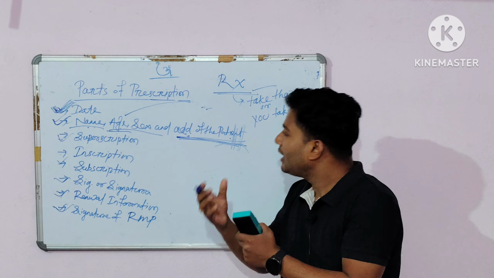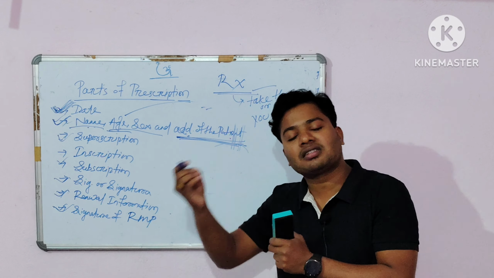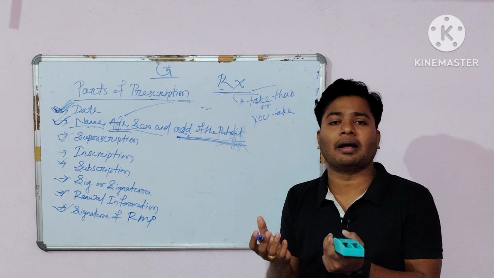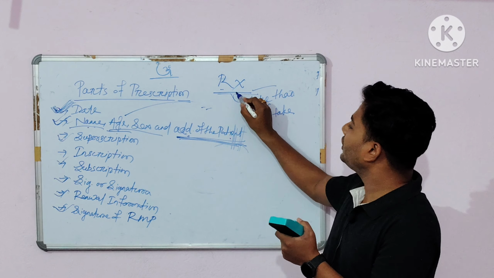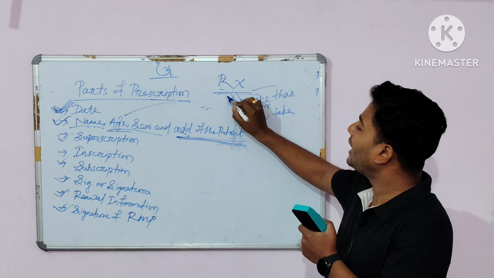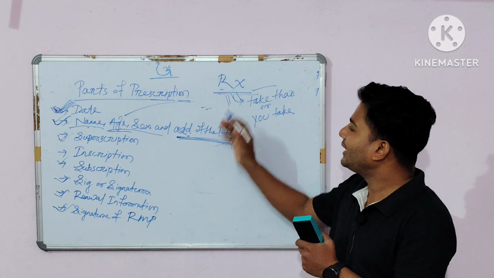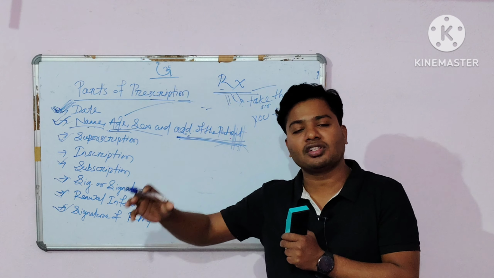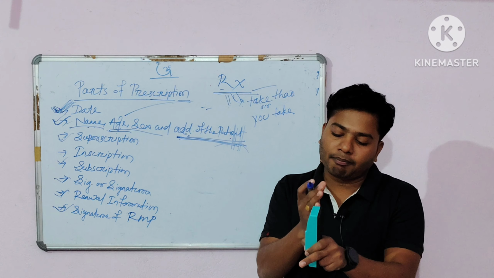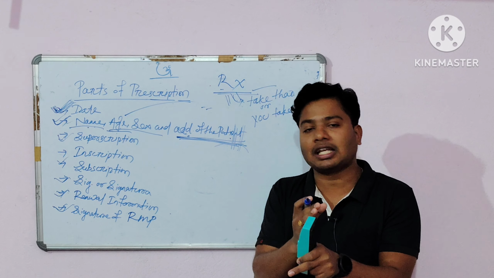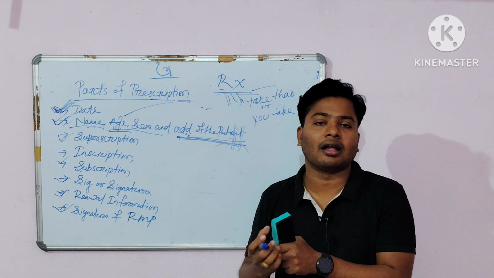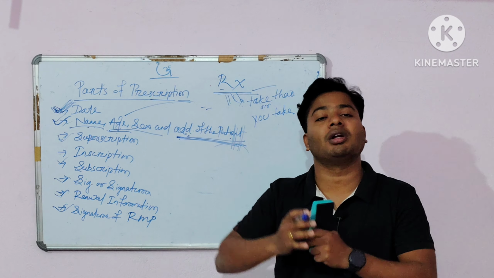That means why must the physician write the Rx symbol before prescribing the medicine? Simply we know that the Latin term's meaning is take thou or you take, but what is its meaning in English? In that time, before prescribing the medicine, the physician writes the Rx symbol. That means before prescribing the medicine, the physician prays to Jupiter or the God of healing for quick recovery of the patient.